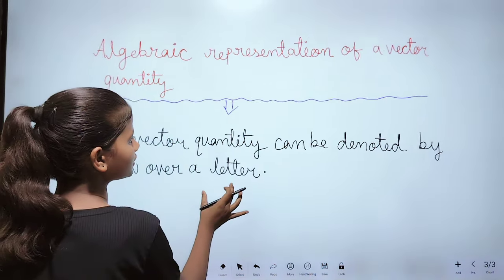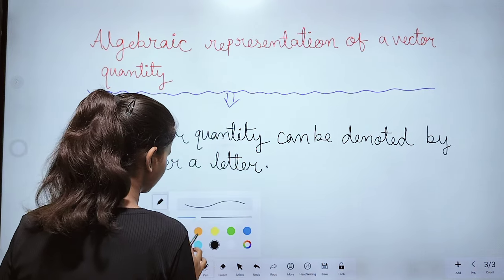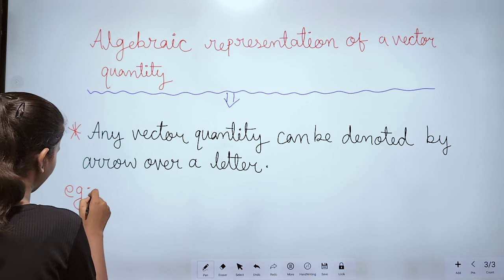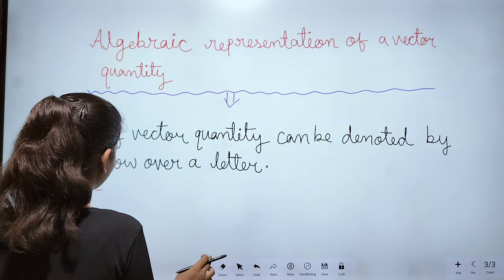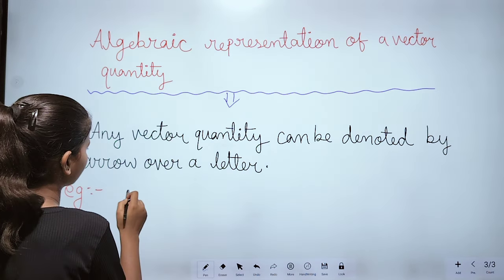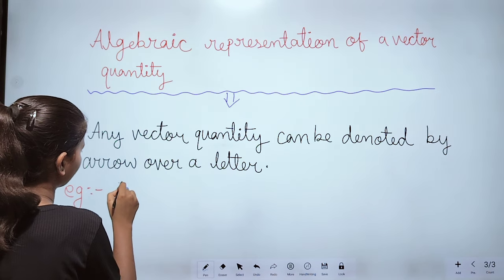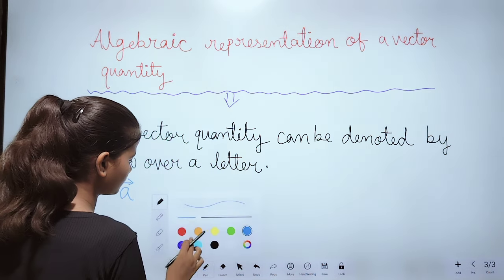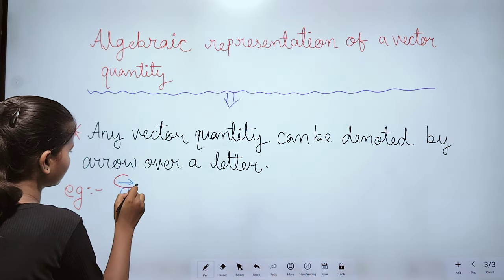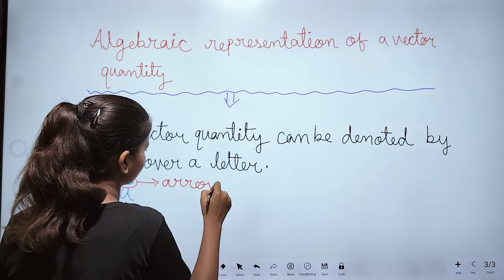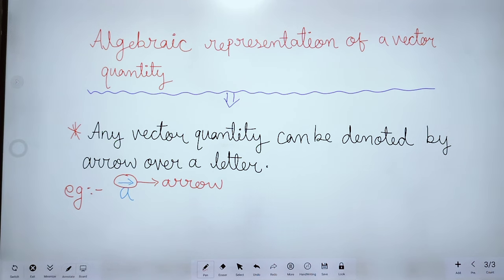Okay, let's see, for example, this one is an arrow. You know that this one is an arrow. Okay.